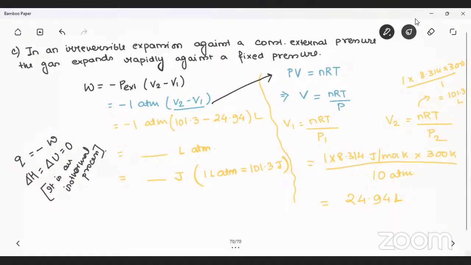Okay. So what is the fourth one? The fourth one is easy. They have told you to calculate the work done, and it is obviously an irreversible process. Now you can ask me, ma'am, how did you understand it is an irreversible process? Because an external pressure is already mentioned in your question.